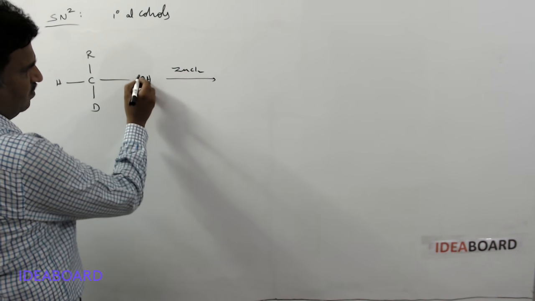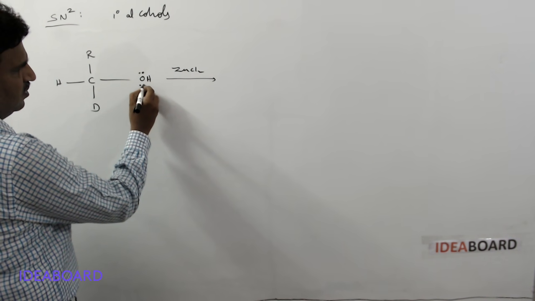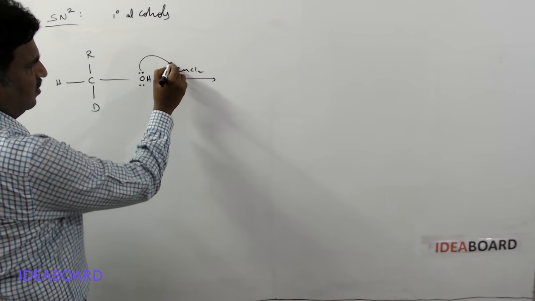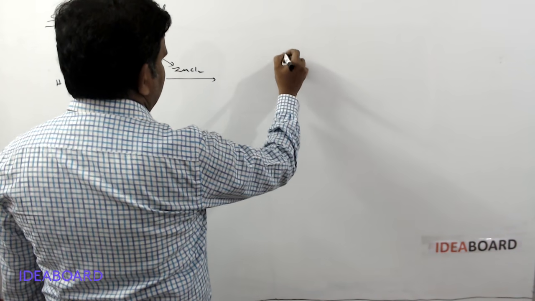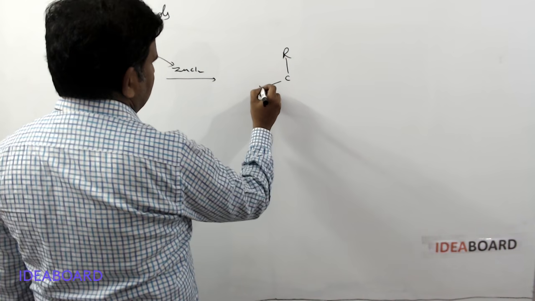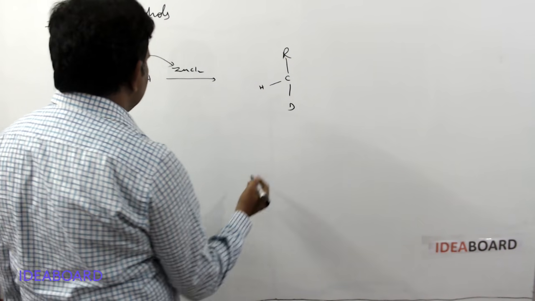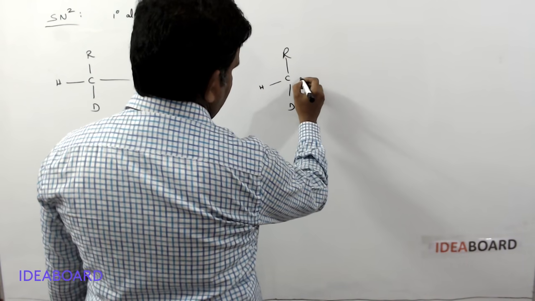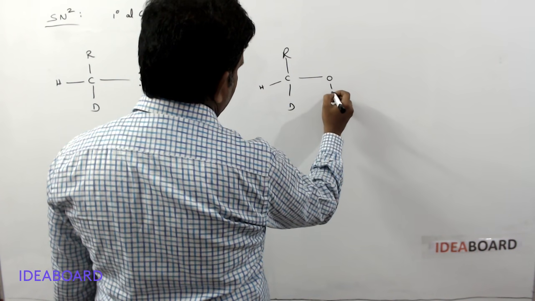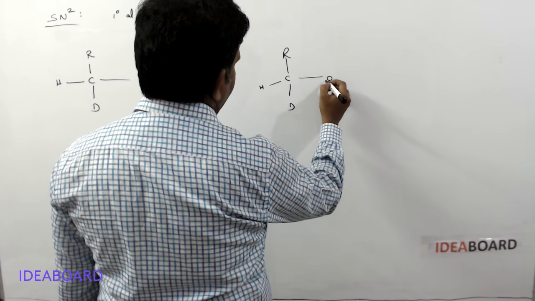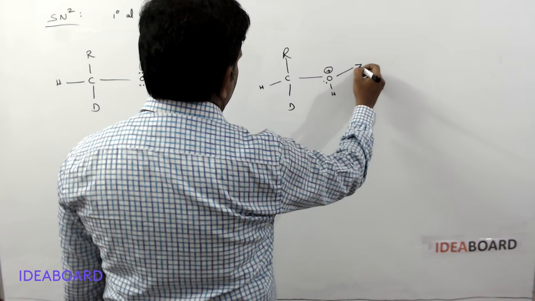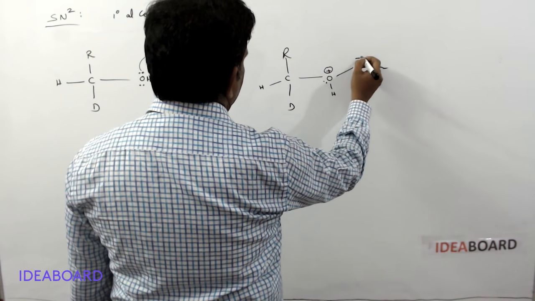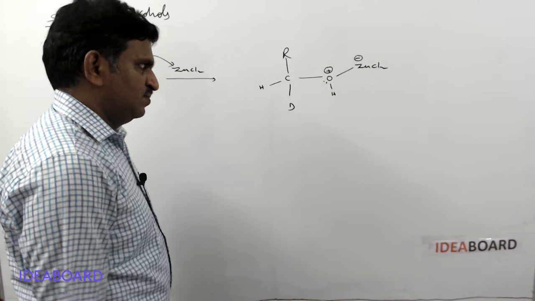Here the same thing happens. Oxygen contains two lone pairs and attacks on this. So first it is forming R, C, H and D, and here ZnCl2 it is making a bond. Here H, one lone pair, another lone pair is present, positive, and ZnCl2 is getting a negative charge.